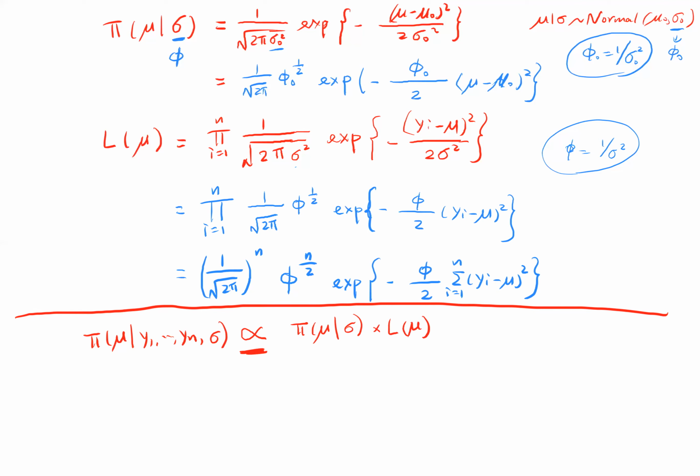Anything that's not about mu can go into the proportional sign. For example, those 1 over 2 pi's are constant, right? So they can go into the proportional sign. Actually, phi0 raised to the power 1 over 2 is constant as well in terms of mu. Right now, we only care about the random parameter mu, so everything else not about it is going to be a constant. This, unfortunately, cannot be thrown away because mu is involved, right?